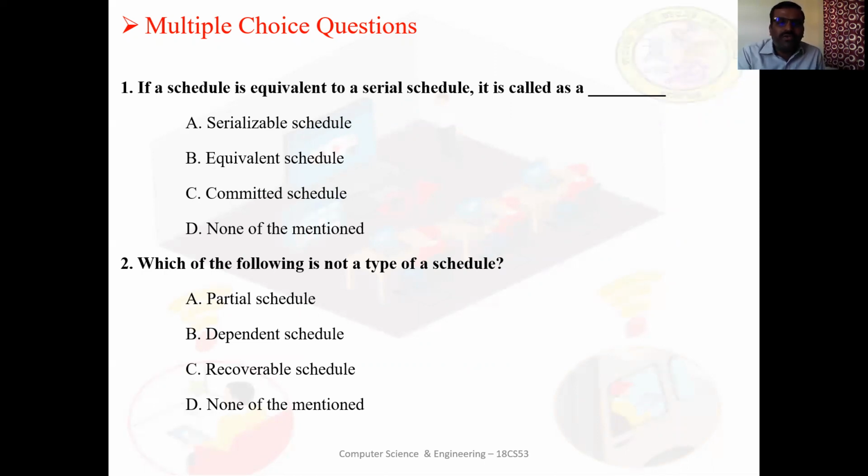Second question is, which of the following is not a type of schedule? A, partial schedule, B, dependent schedule, C, recoverable schedule, D, none of the mentioned. Here the answer is D, none of the mentioned. All are types of schedule.